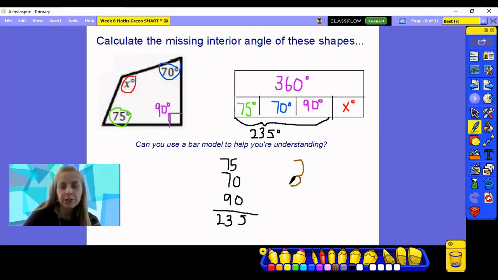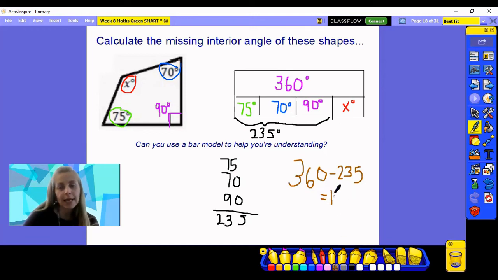So if we do 360 and we subtract 235, we will arrive at our missing angle.